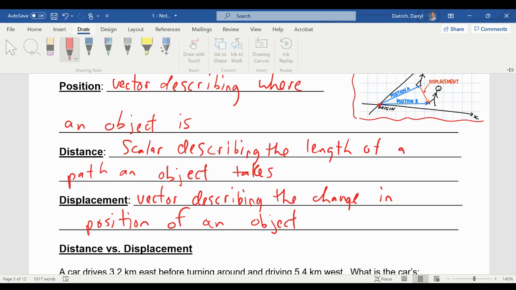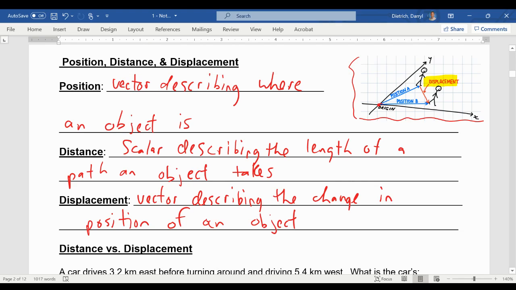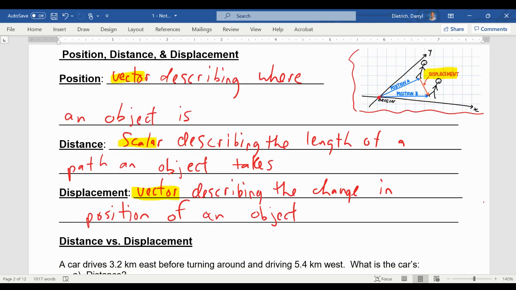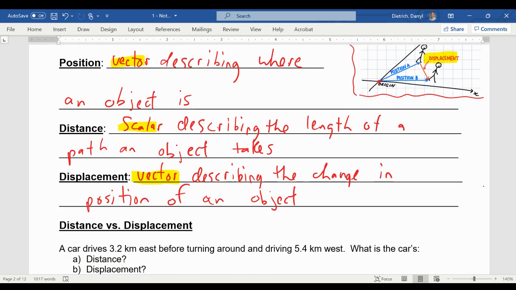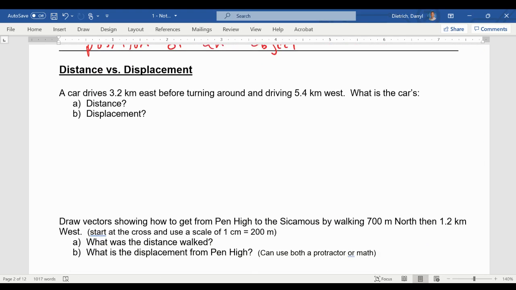I'll highlight some things on here, like the word displacement in that diagram. I'm also going to highlight: position is a vector, distance is a scalar, displacement is a vector. We're going to have lots of practice with these words and come to understand what they mean in some good detail.